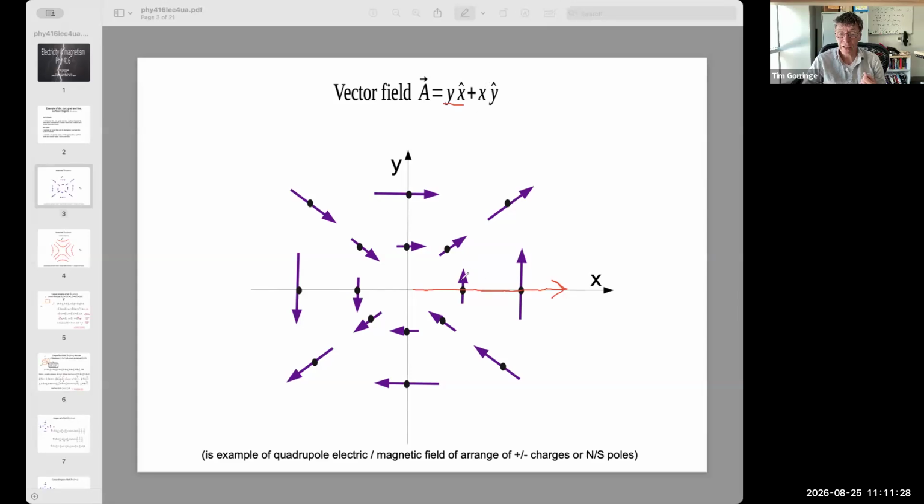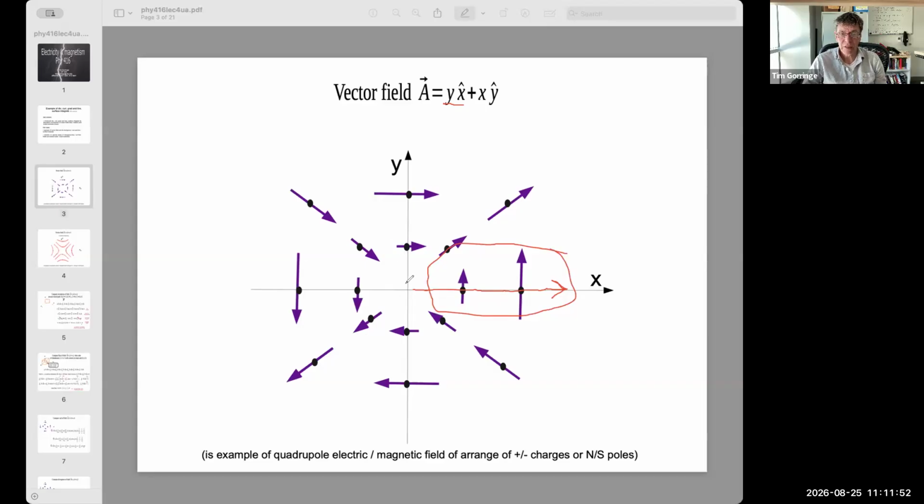And so I've drawn this y component to the field here. If I walk further, it'll still be true that I'm on the x-axis, y equals 0. There's no x component to the field, but the y component of the field, which is in proportion to x, will now be larger. And so this is the end result of that reasoning.